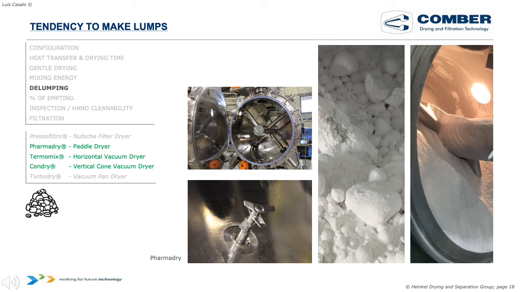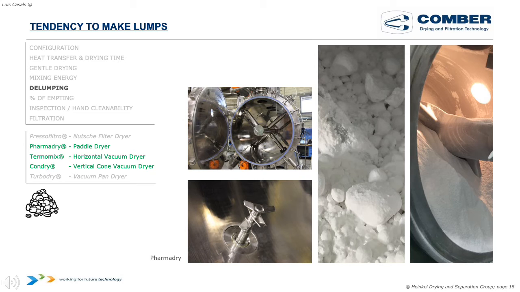This tendency compels us to install a delumping device. It's important to know that with this device we break not only all lumps, but also we take the risk of breaking crystals. You can see in the slide, in the middle, the problem: lumps at the end of the standard drying process.